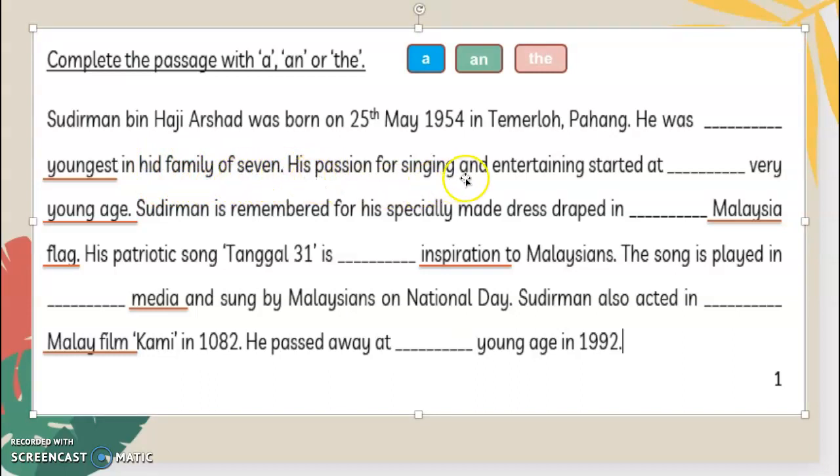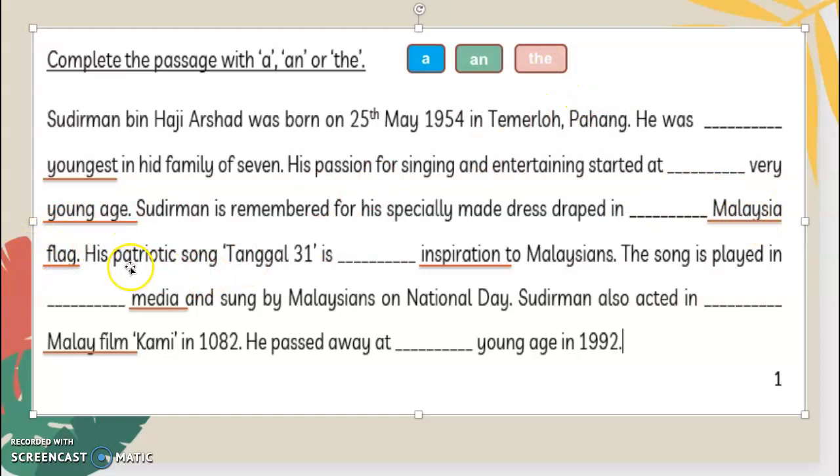His passion for singing and entertaining started at a very young age. The word underlined here is young age, so there is a keyword that can help you fill this blank: at a very young age. Sudirman is remembered for his specially made dress draped in the Malaysian flag.